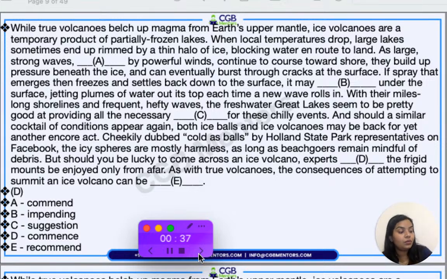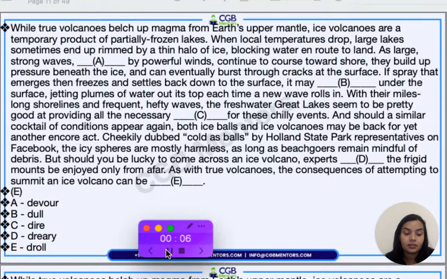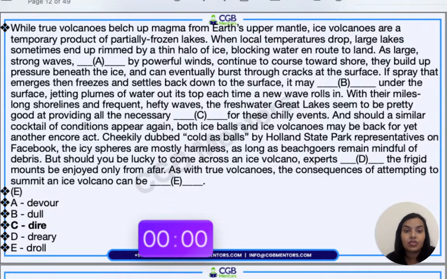And it would be great if you did and answered. Recommend is the right answer. हम इसको समझेंगे साथ में once all 5 blanks are done. Answer is right. So let's see.